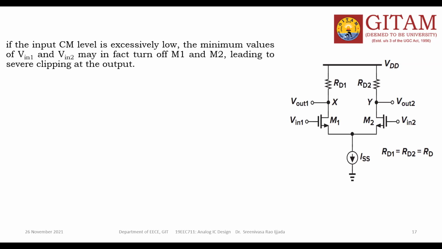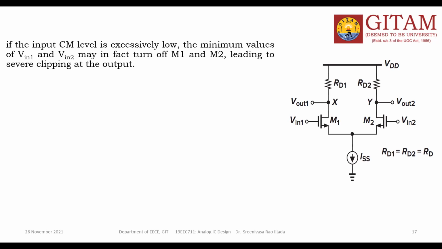So if the input common mode value is excessively low, I already stressed this point in the last class. What happens if the input CM value is less?